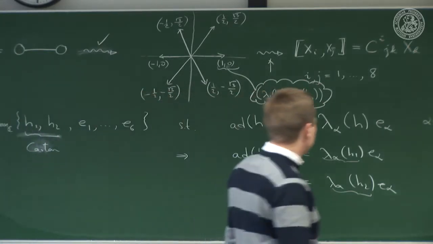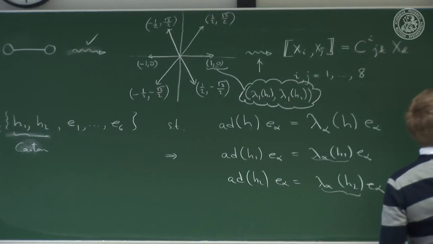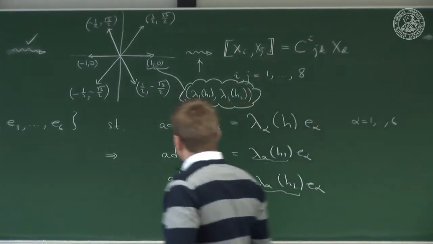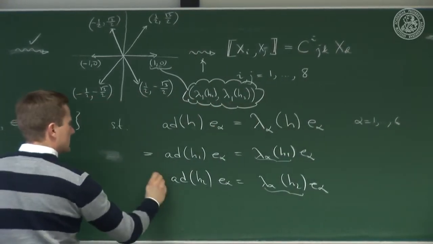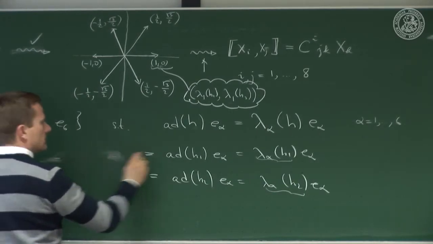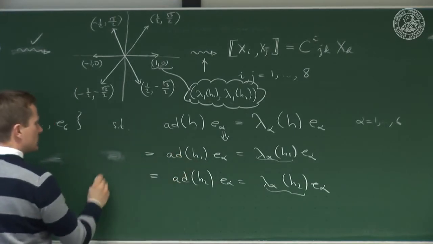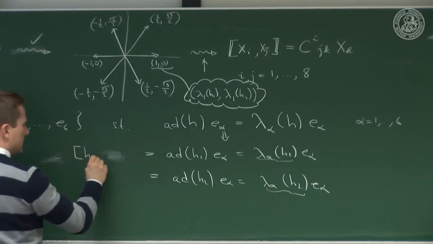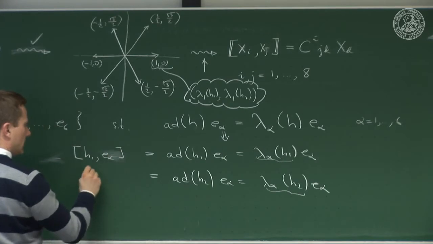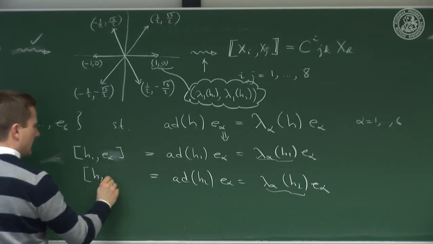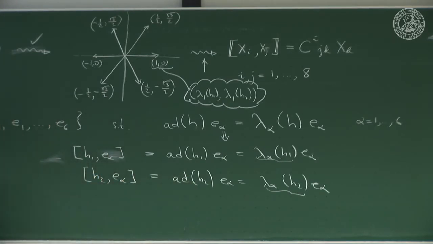So actually taking this into account, we have, so this is one thing. And the other thing is that this ad, so I should write here an implication arrow like this, but this adjoint action is nothing but the bracket of h1 with e_alpha. And this adjoint action is simply the bracket of h2 with e_alpha.